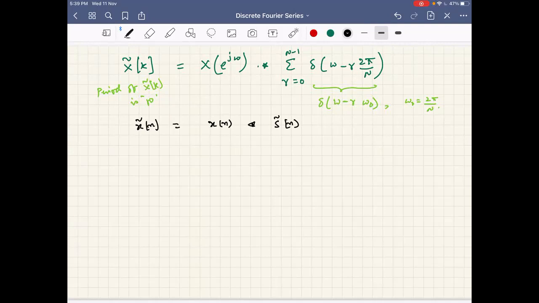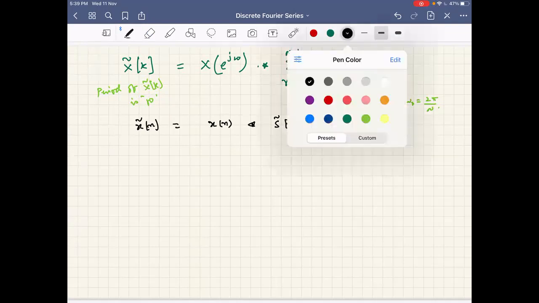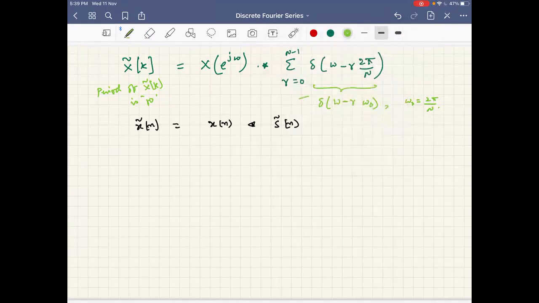So to understand this better, let us denote this particular term alone, with r equal to 0 to N minus 1, as s tilde of e power j omega.